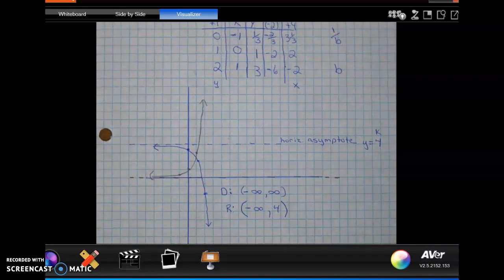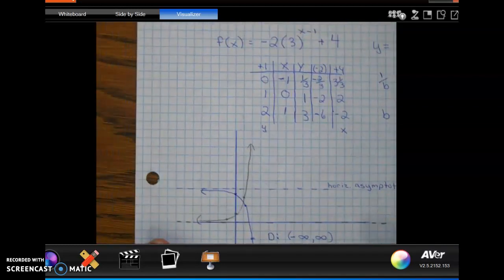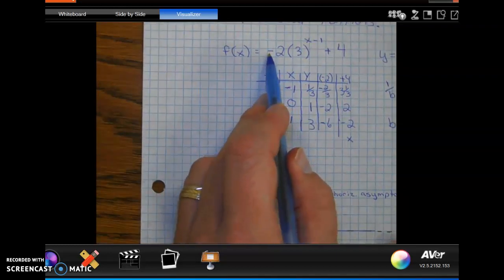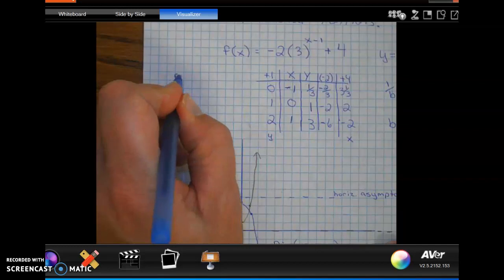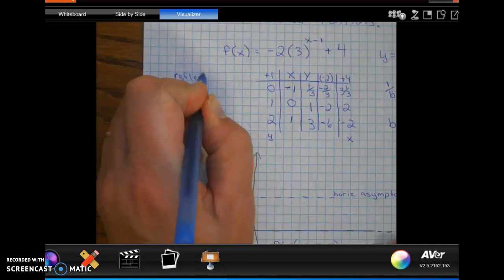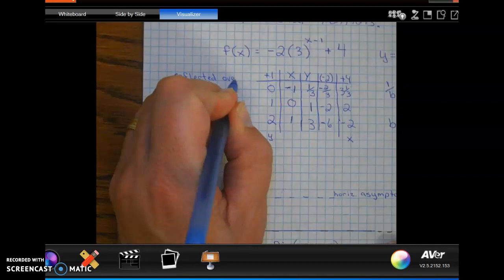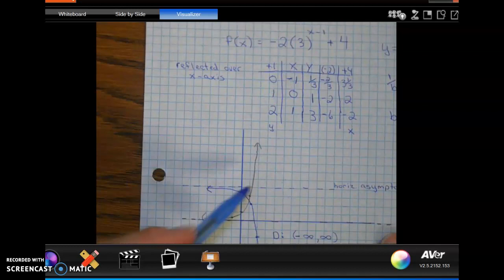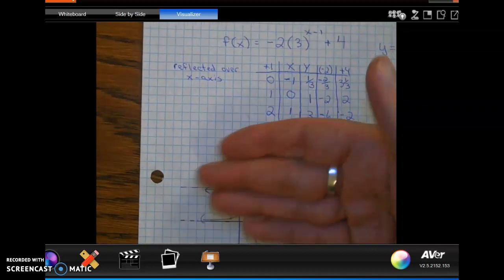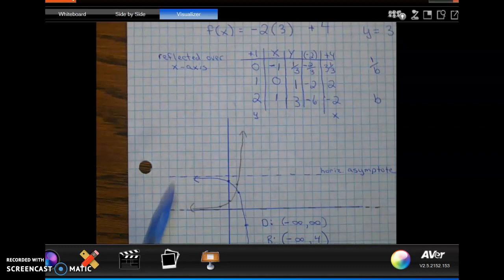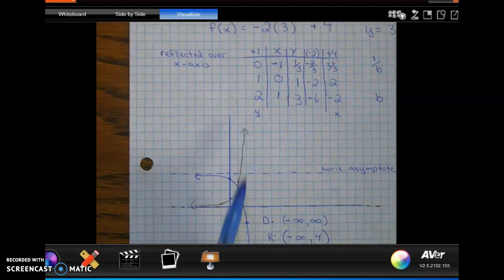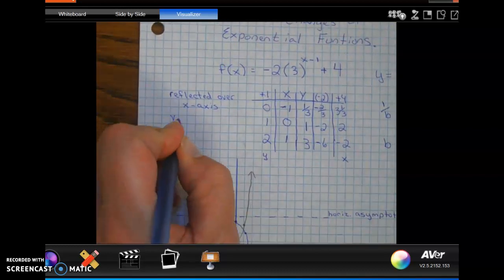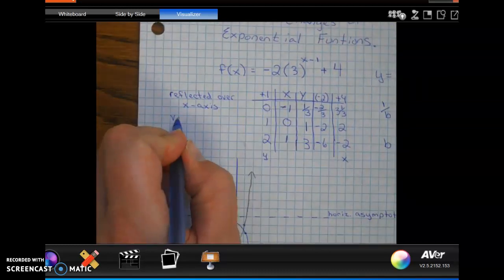And then finally, let's write down the transformations. So first of all, the negative is a reflection over the x-axis. Reflected over x-axis. So that means this parent flipped down. Now you can see why it's looking like this, because this has been reflected over the x-axis. There's been a vertical stretch because our a value is greater than 1.